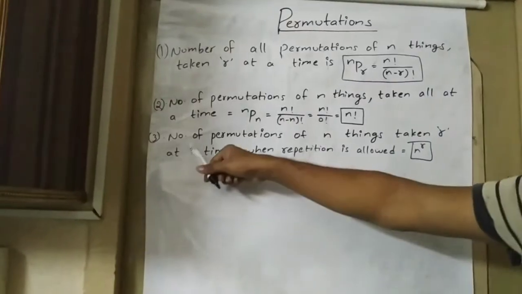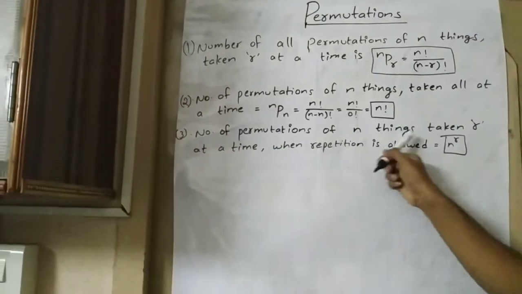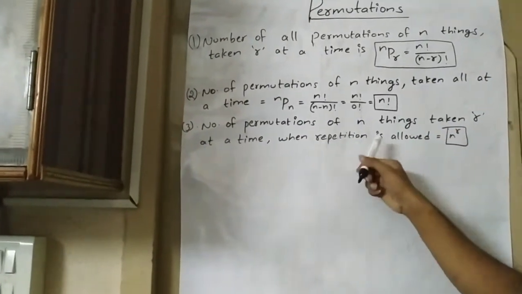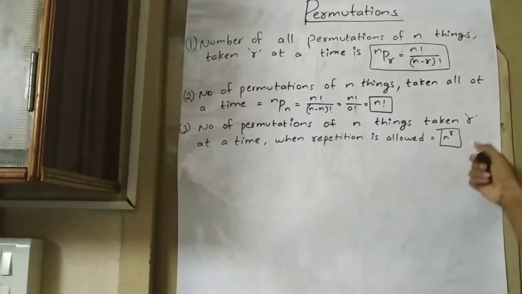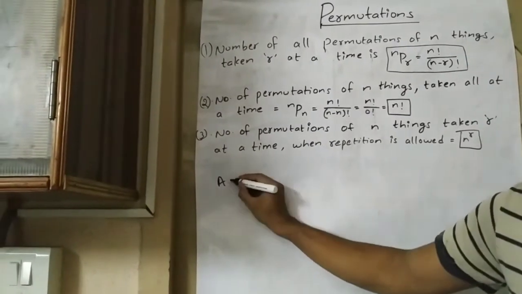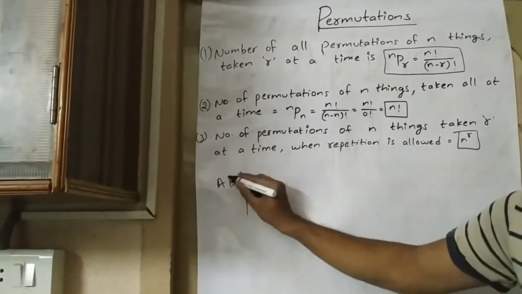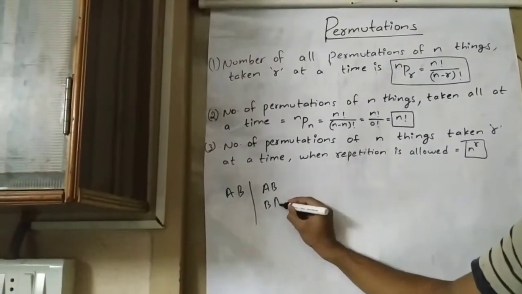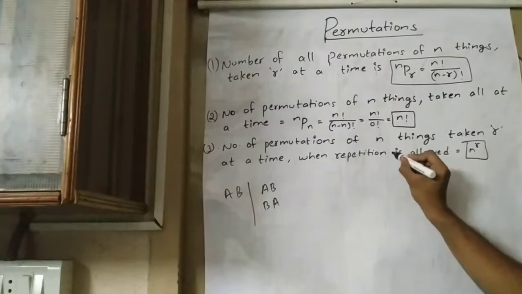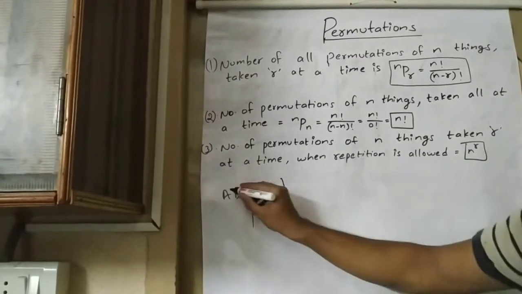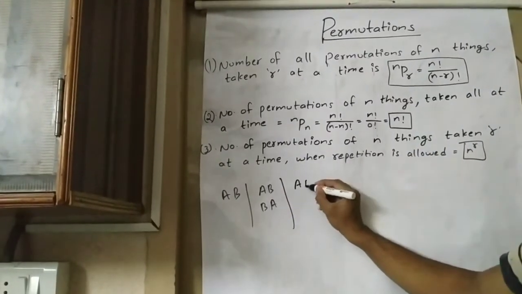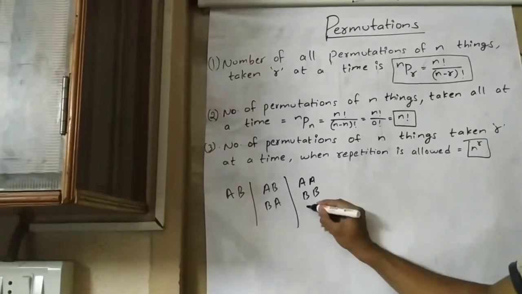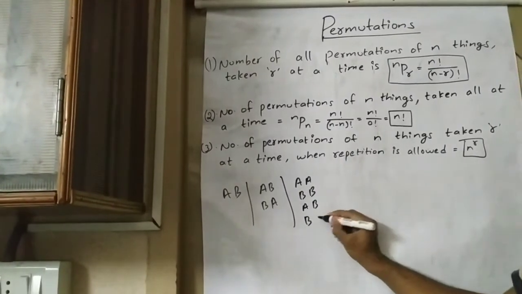And the number of permutations of n things taken r at a time when repetition is allowed is n power r. That means if we consider the word AB, we can arrange it in two forms, that is AB or BA. But when repetition is allowed, we can arrange it as AA, BB, AB and BA.